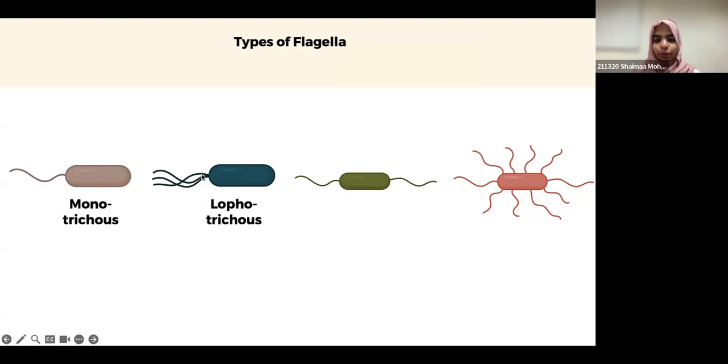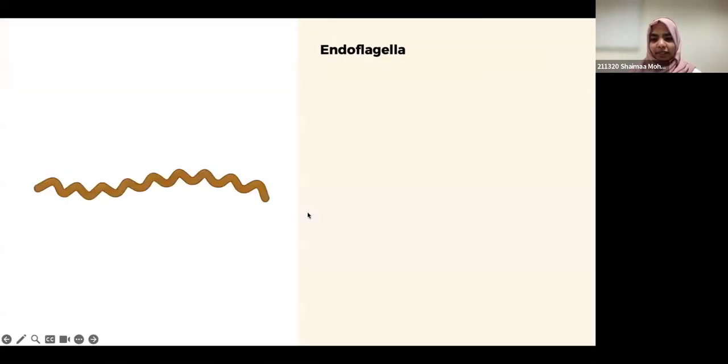So there's 2 or more from only one end, just like the hairs of the animals. It's Lopho. This one, yes, okay. This is Amphitrichous and this is Peritrichous. So Amphi, as you can see, there is 1 at both ends, okay? And I made it green to remind you of a frog. I don't know if that's gonna help. But then there's Peri, which is all around the cell, okay? So basically these are the arrangements.